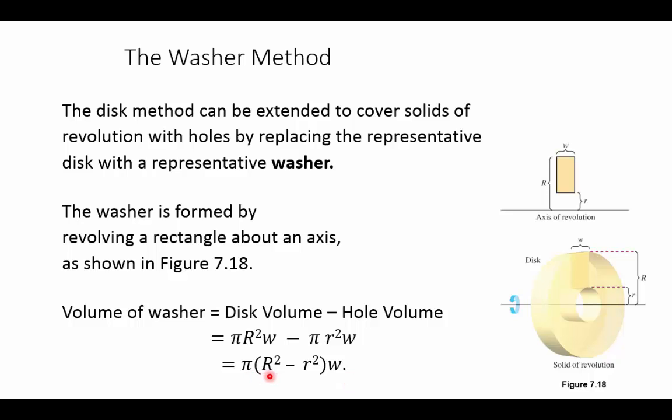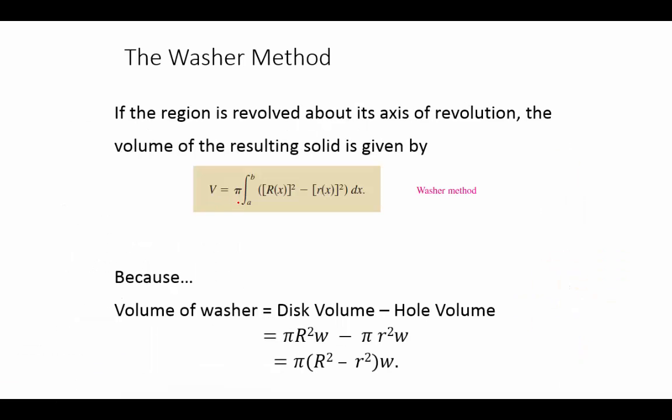Pi times capital R squared minus little r squared times w. So when you actually see the formula for the integral written, V equals pi times the integral from a to b of the outer radius squared, think of it as the outer radius is capital R, minus the inner radius squared.